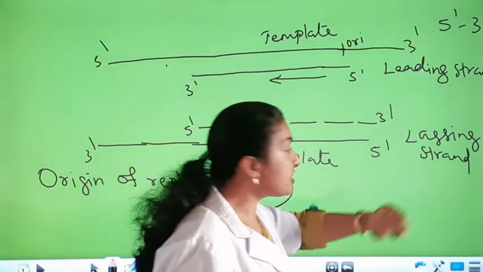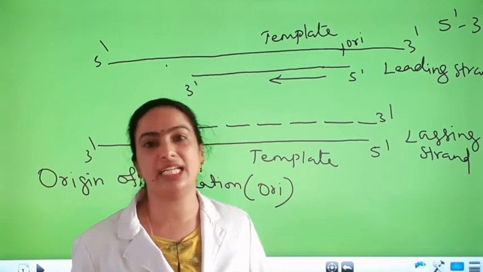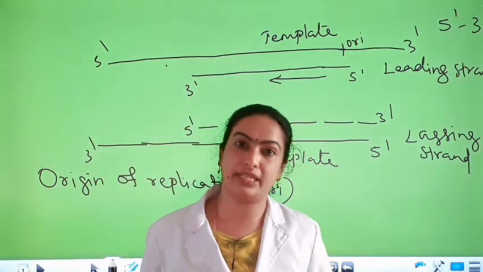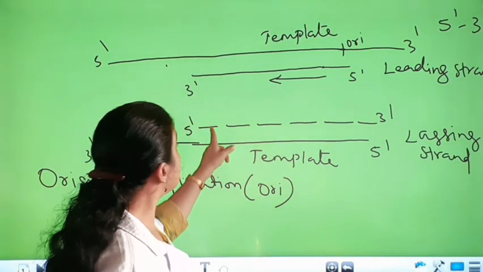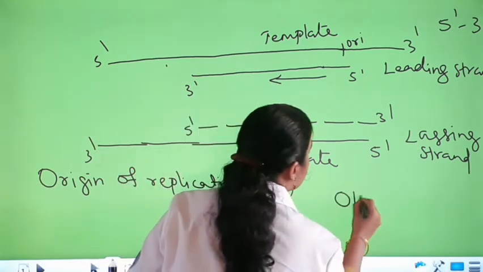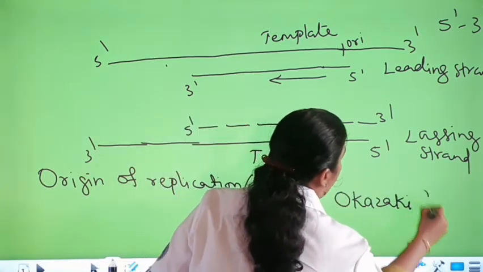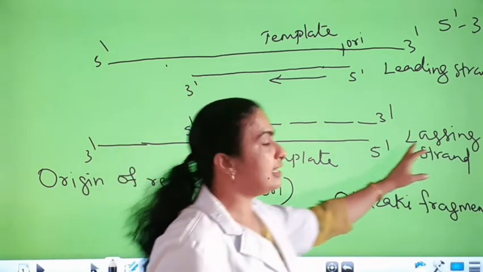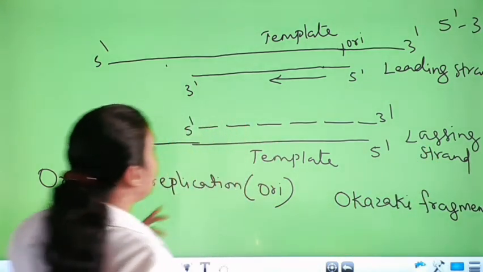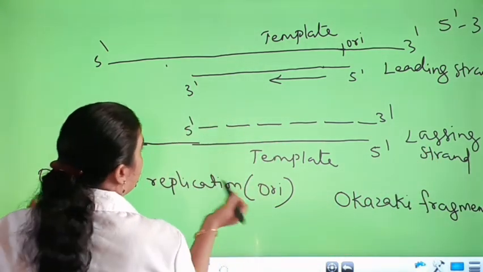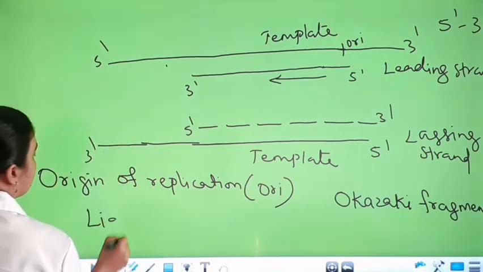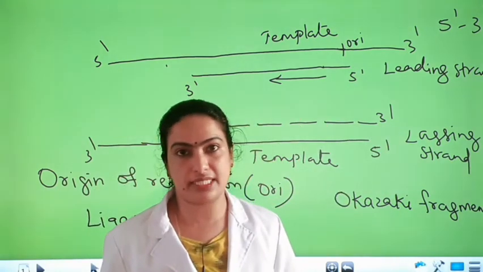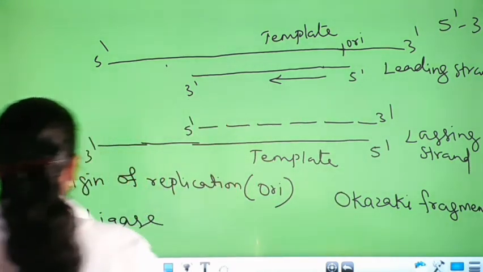But the lagging strand is the fragments, or discontinuous strand, formed on the 5' to 3' template strand. These discontinuous fragments are called Okazaki fragments. Okazaki fragments are formed in the lagging strand. Later, these fragments can be joined by the ligase enzyme. Is it clear? I will show you.